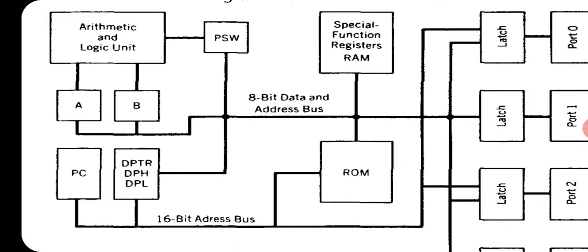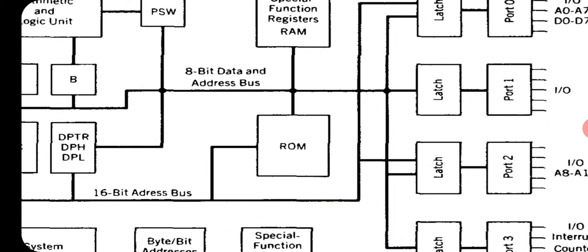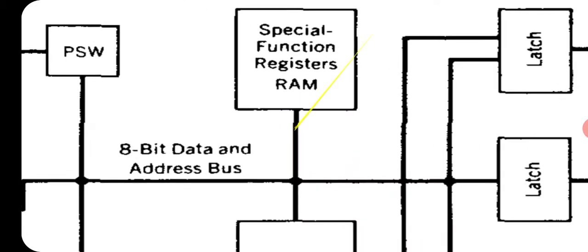The program counter and DPTR are connected through a 16-bit address bus. Then you have RAM, random access memory. Then it has some special function registers, in short called SFRs.